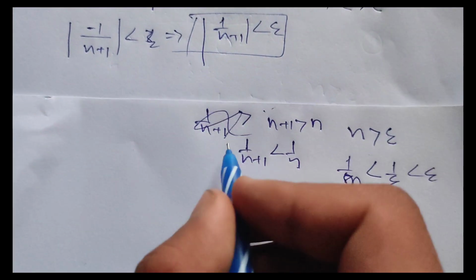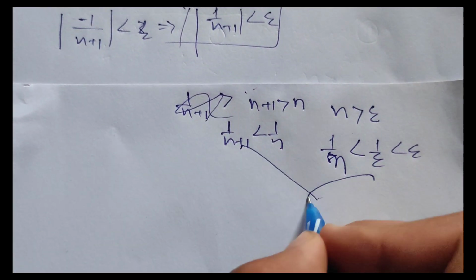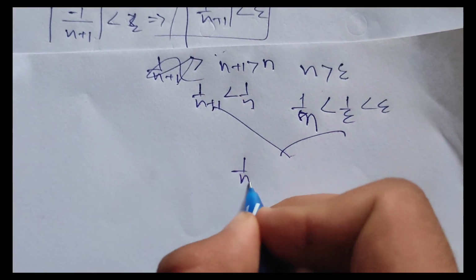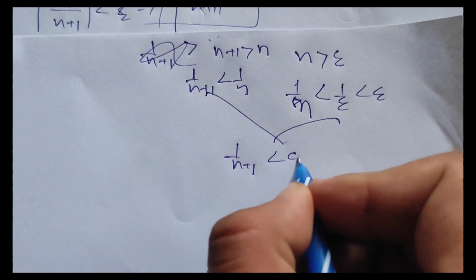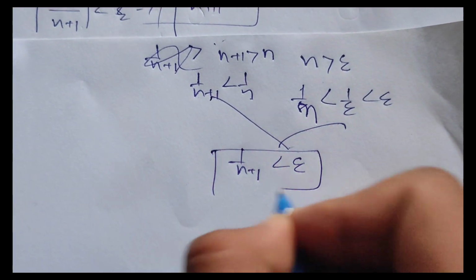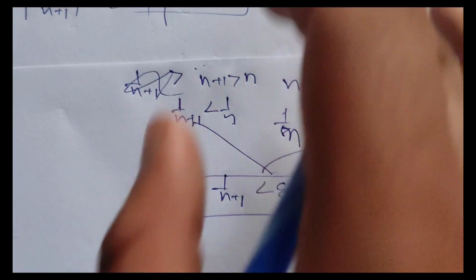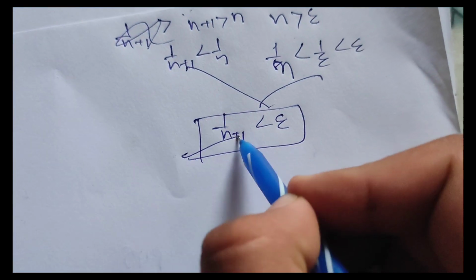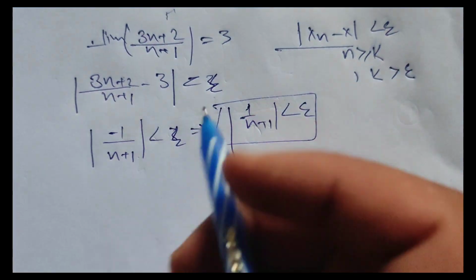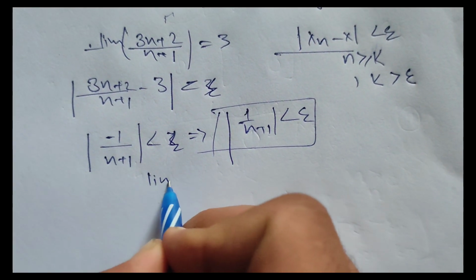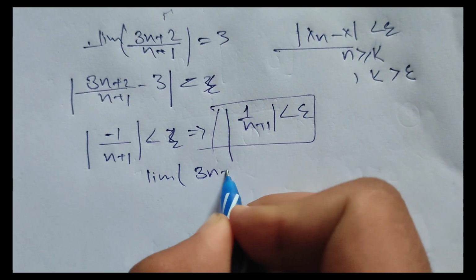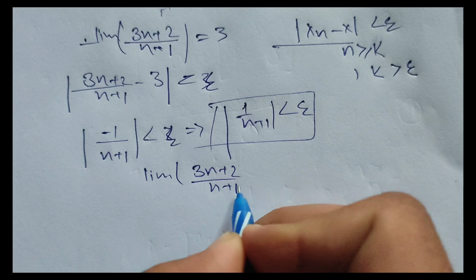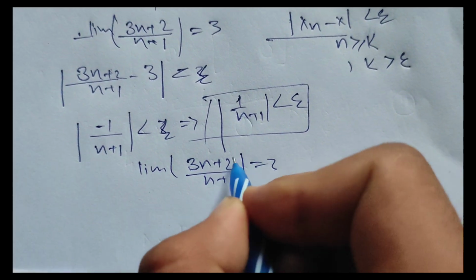So by this we can see that 1 upon n+1 is less than epsilon. We can say this because it was less than 1 upon n, so it is true. So if it is true, we can say that the limit of (3n+2)/(n+1) is equal to 3.